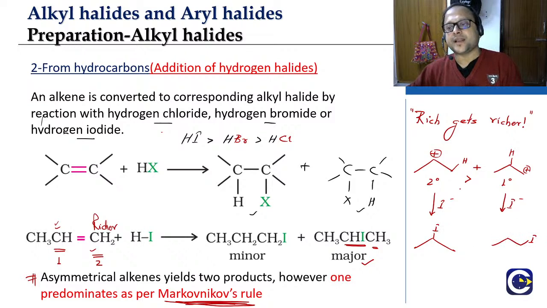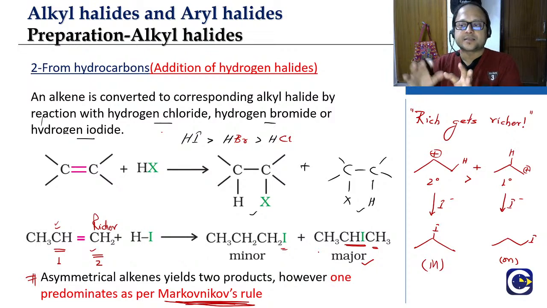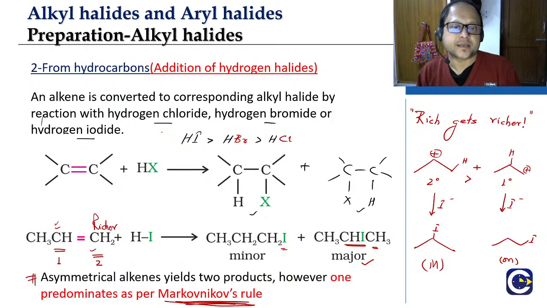Since secondary is more stable, a higher percentage of secondary carbocation is formed, so automatically this becomes your major and this remains as minor. The same thing has been explained over here. You can see that this is minor and this is major. So that is the mechanism behind it, right?